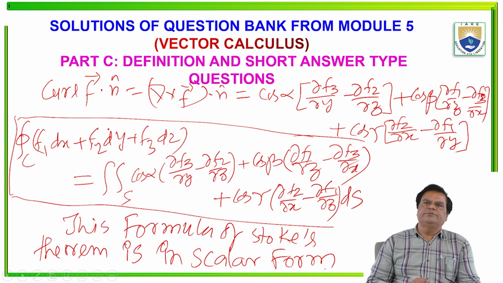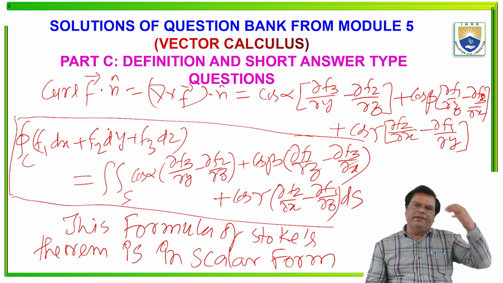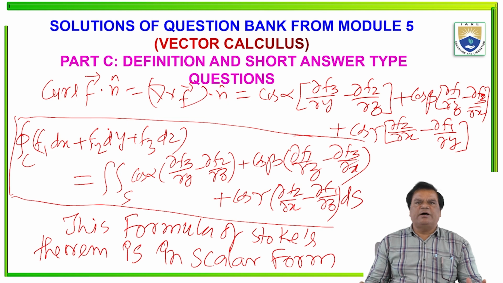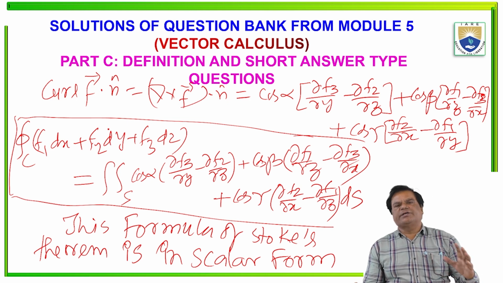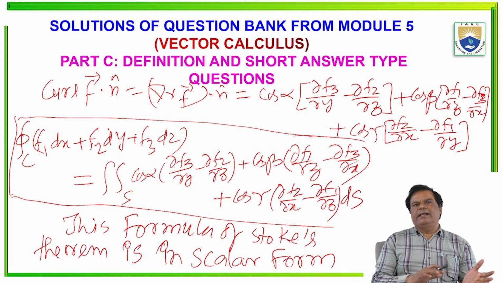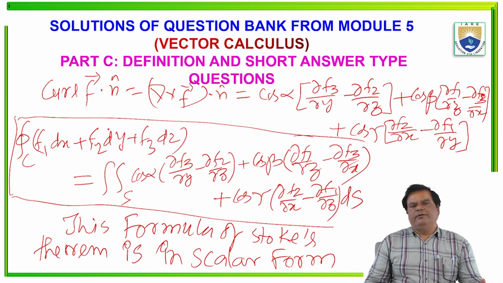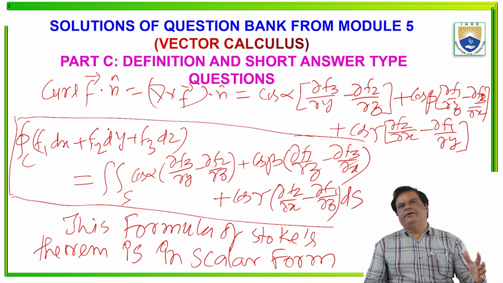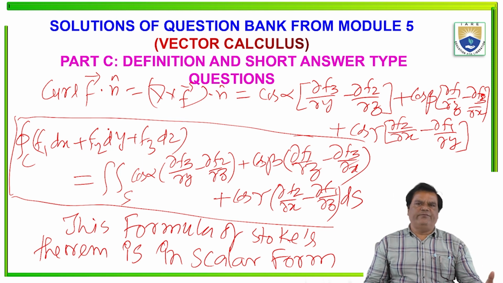Okay. Equation 1 is given in vector form and this formula is known as the scalar form. So if the left hand side and right hand side are both equal, then we can say that Stokes theorem is verified for any vector point function on any given surface.